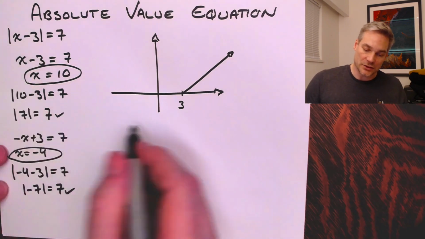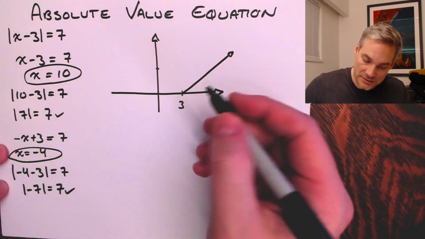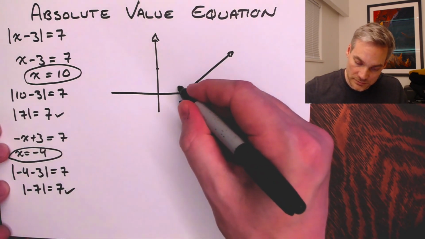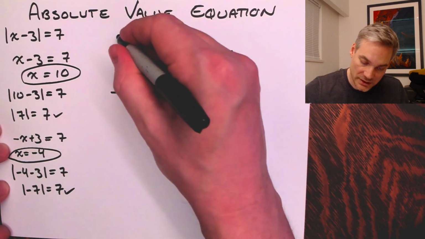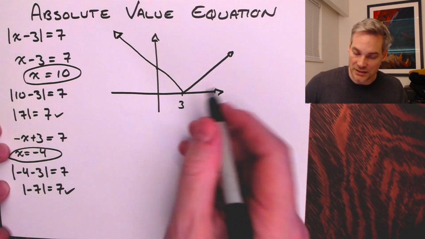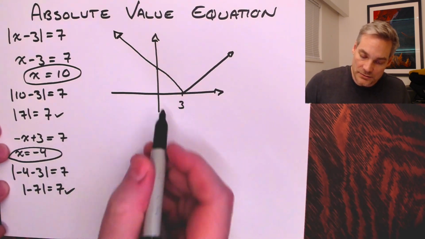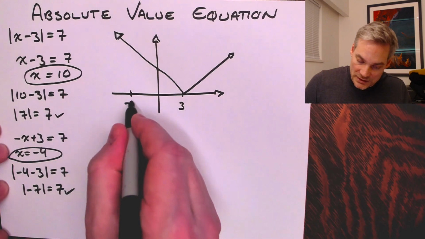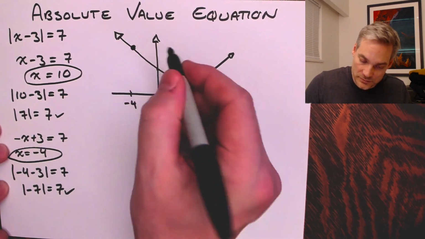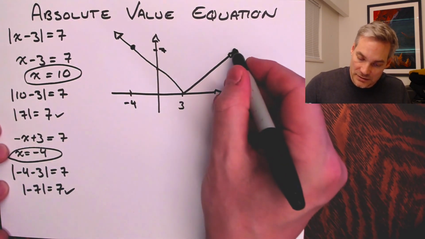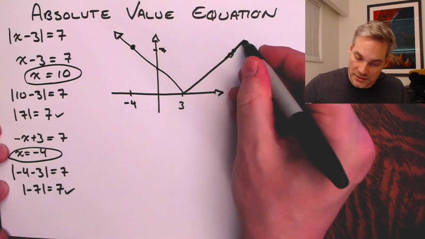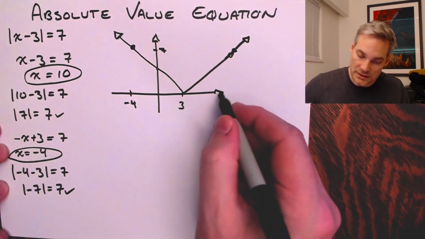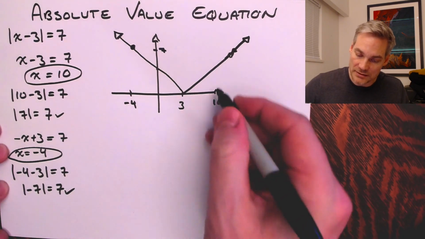When x is 0, y is 3. Okay, that was not a very straight line, but that's fine. And now, what this kind of shows me is that when x is negative 4, graph is 7, and that's probably right here, and this is about 10.